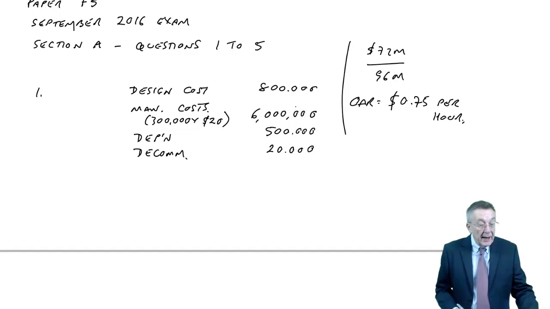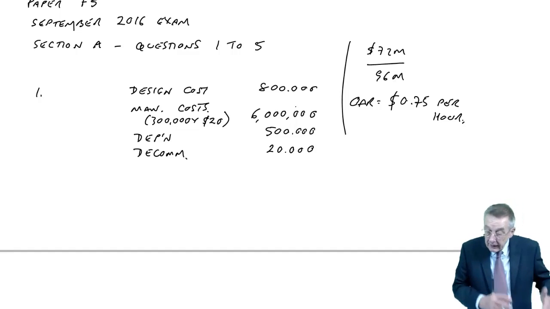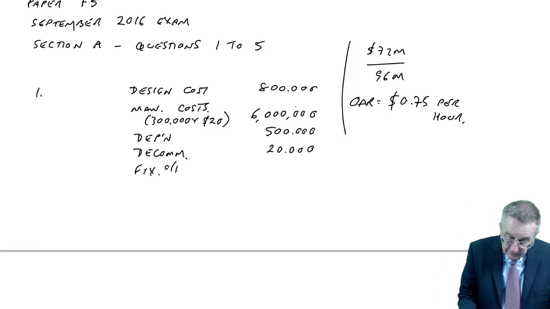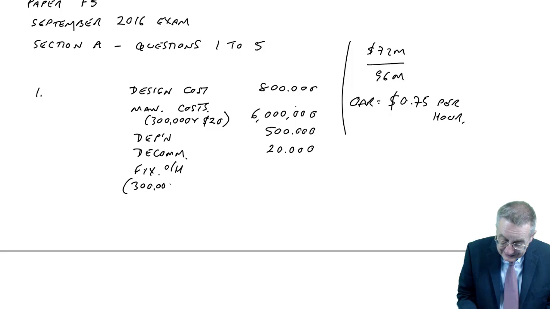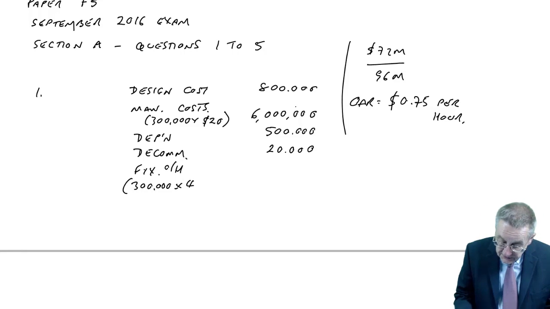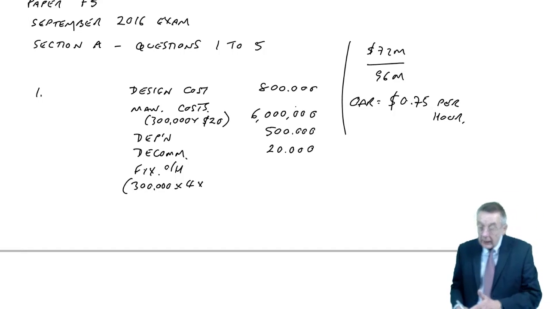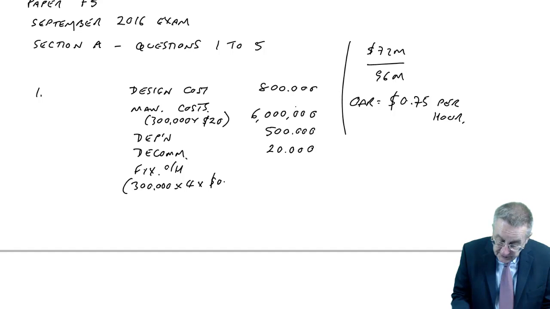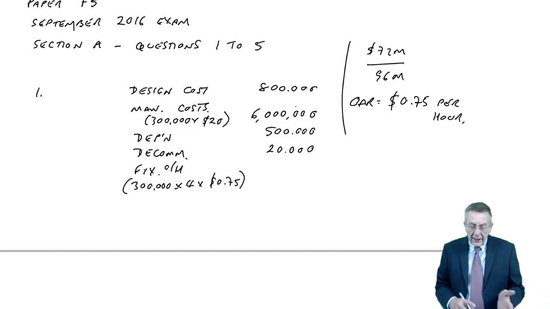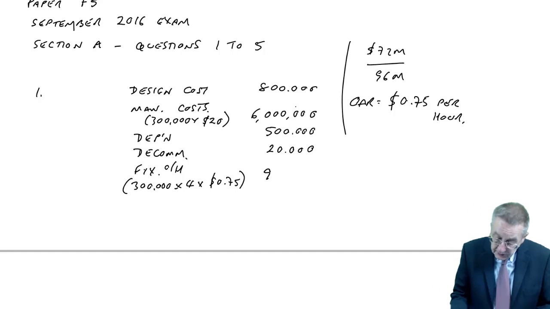And so how much is going to be absorbed into our product? The fixed overheads. There's 300,000 units. Each unit takes 4 machine hours, and each hour is being charged at 75 cents. And so in total, what's that? $3 a unit, 900,000.